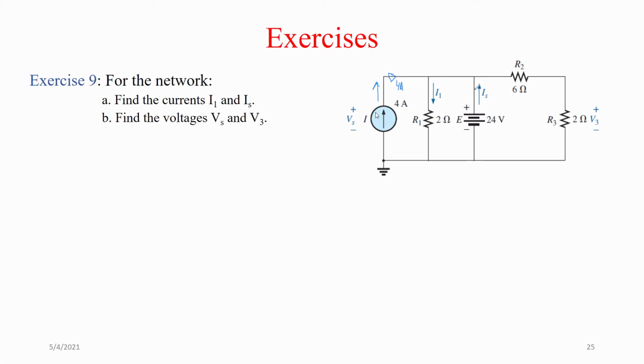What is the voltage between these 2 points? 24 volt. 24 volt between this point and this point. Now keep in mind, this point and all the way until here have the same voltage, because there is no drop going this way.